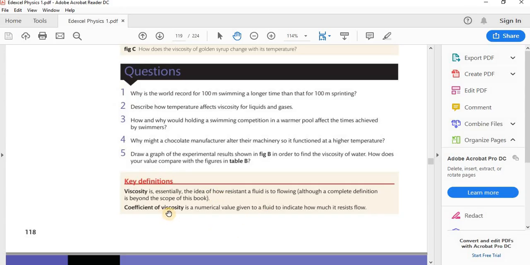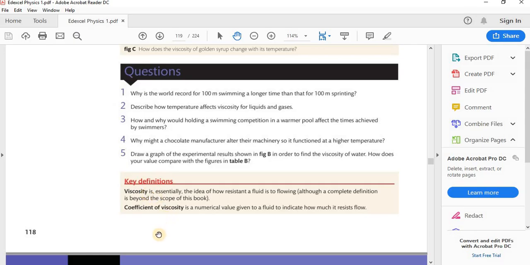Then we have the coefficient of viscosity, which is a numerical value given to a fluid to indicate how much it resists flow. This coefficient of viscosity has a value, but viscosity is slightly different. It is the idea of how resistant a fluid is to flowing. So the coefficient of viscosity has a numerical value, but not the viscosity.